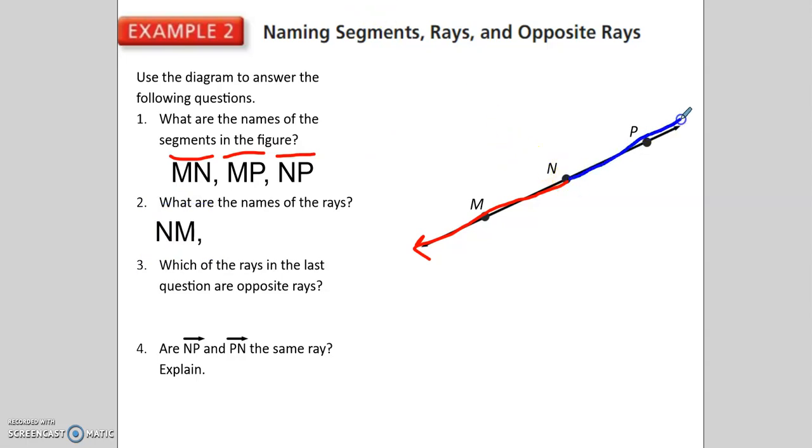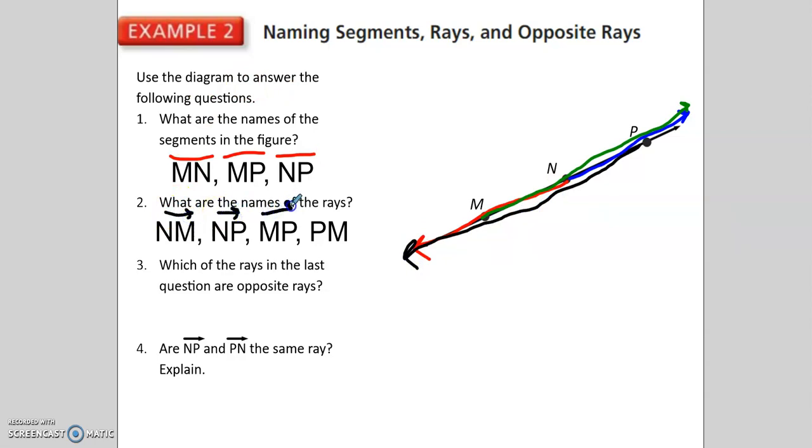N through P. I'm going to come back and do the symbols, don't you worry. N through P. Then I have a ray that goes from M to P. And then there's one more similar to that, P to M. P to M. And colored pencils would be good for this class because you can kind of highlight those. And all of those get ray symbols on top.